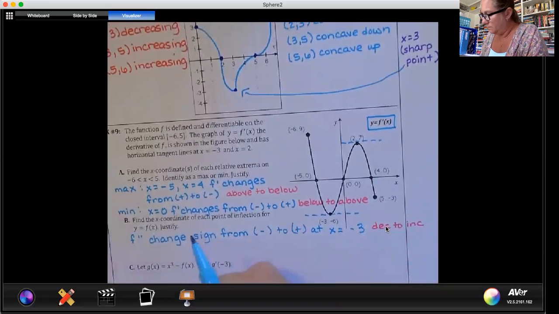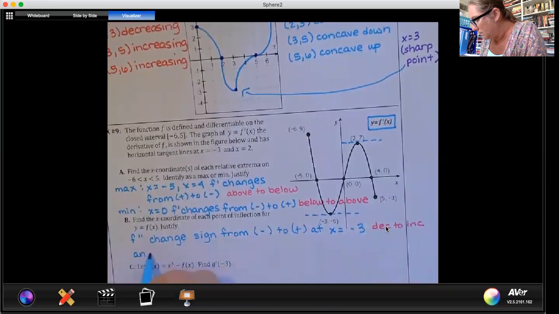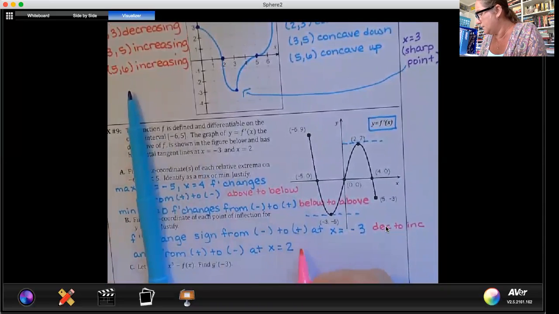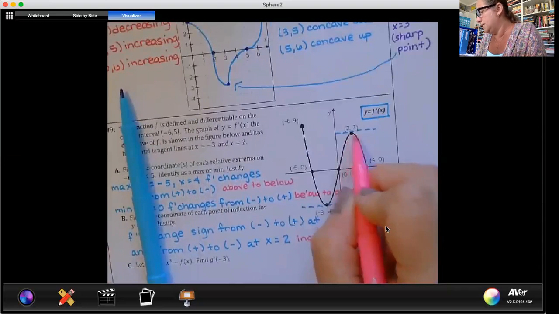And it would also change sign from positive to negative at x equals 2, and that's increase to decrease.